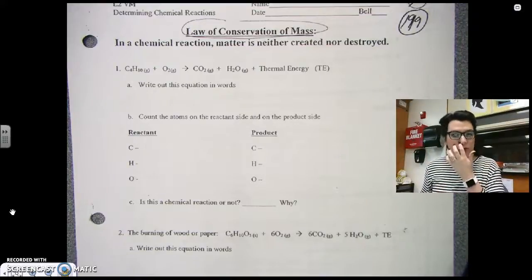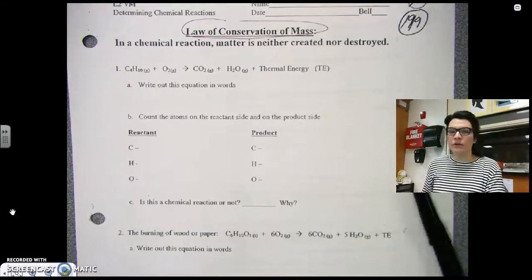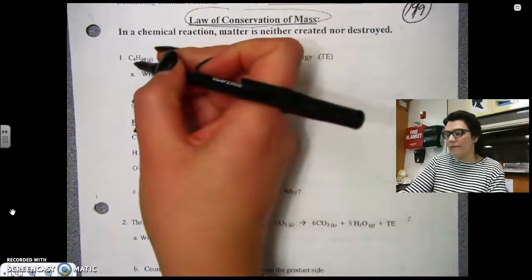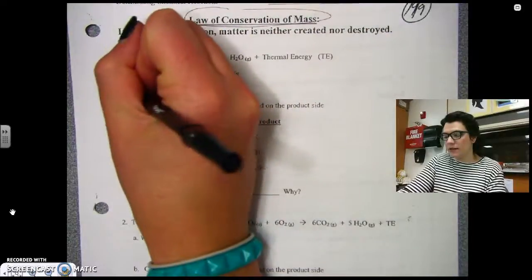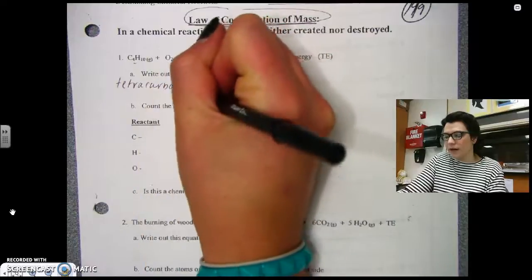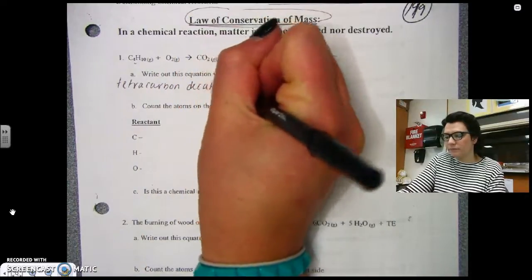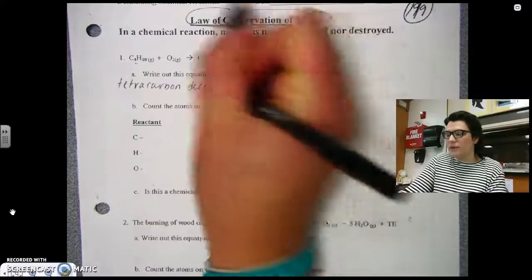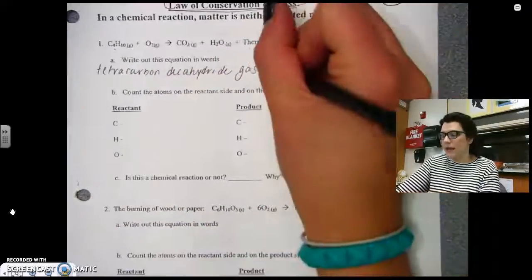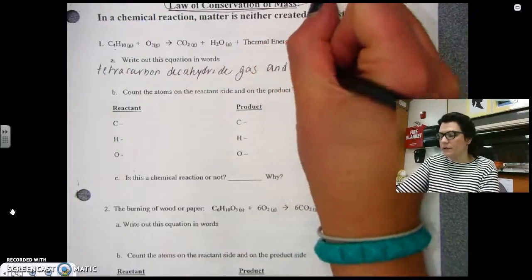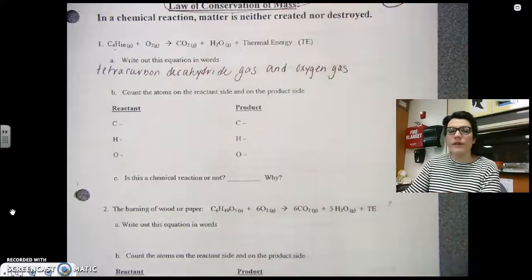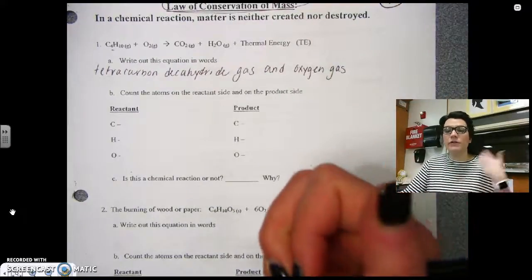Okay? So let's look at the first one. The first one says, write this equation out in words. So that's what I'm going to do. I'm going to say I have 4 carbons, so this is going to be tetracarbon decahydride, and the G represents that it's a gas, and then it says plus, so I'm going to say and oxygen gas, and for the arrow, you can say makes, yields, produces.